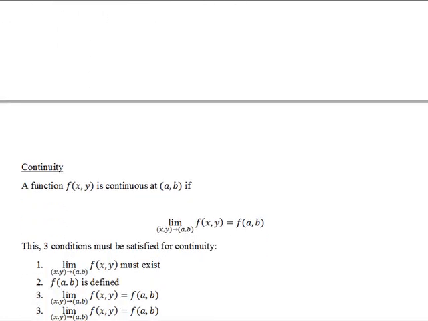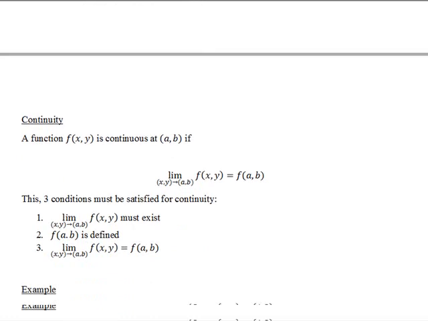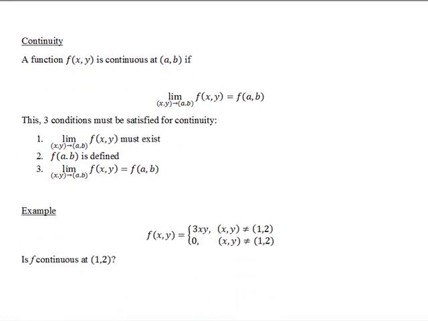Continuity now. Remember, in single variable calculus, you don't have continuity when there is a hole somewhere where the function is undefined, right? In multivariable calculus, with these three-dimensional figures, if you have a hole, obviously you can't have continuity there.